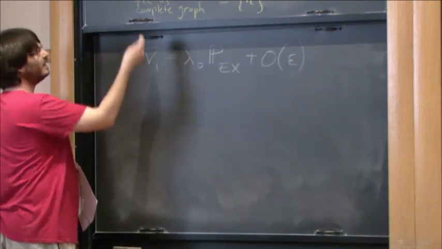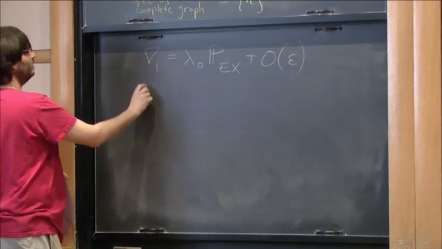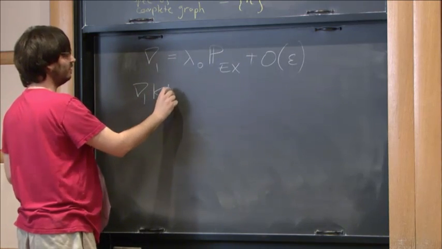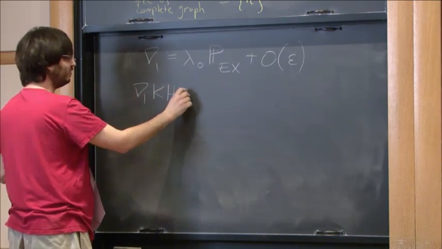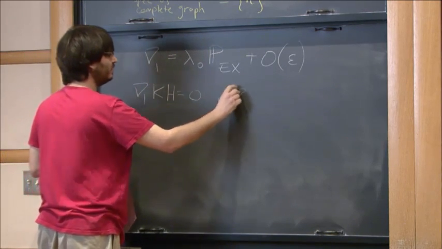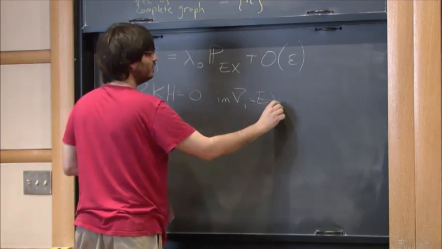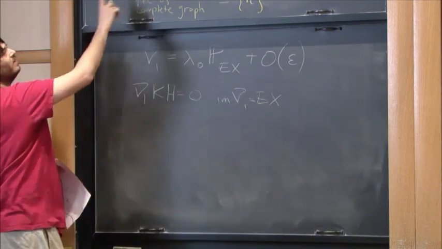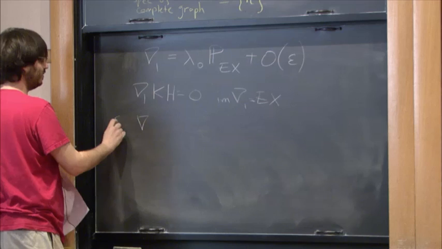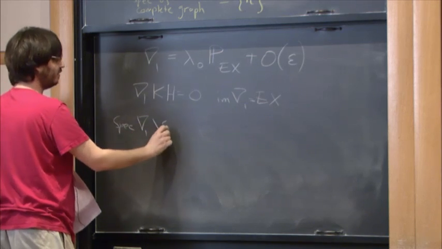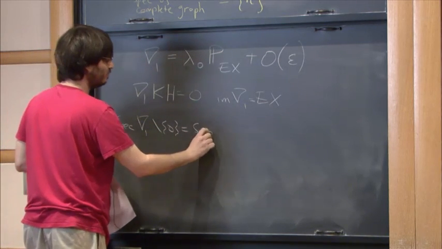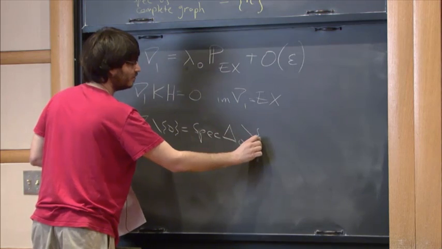And it's the same proof. So del 1, the lower Laplacian on the Kirchhoff, is still 0. The image is still the exact part. And the spectrum, exactly the same thing, except for the 0, is the spectrum of the graph Laplacian except for the 0.